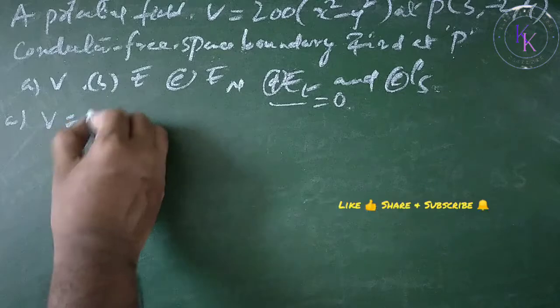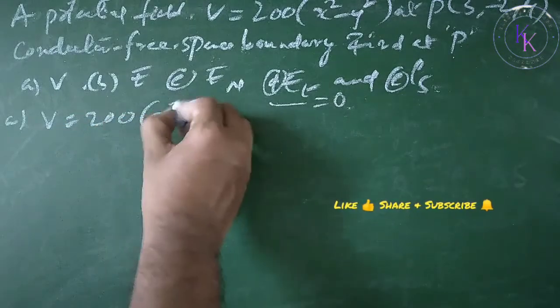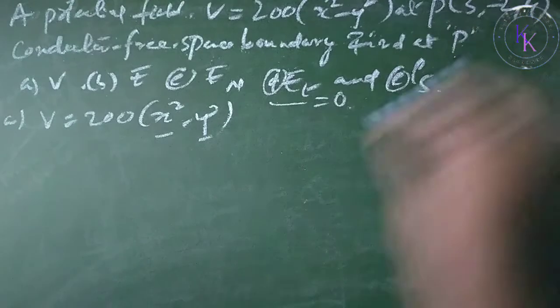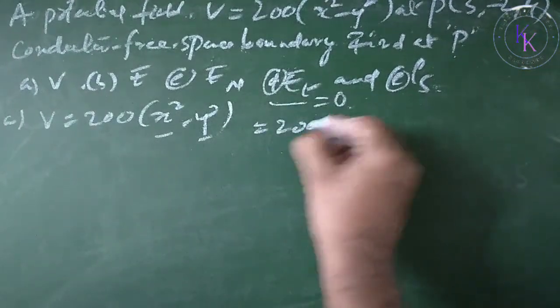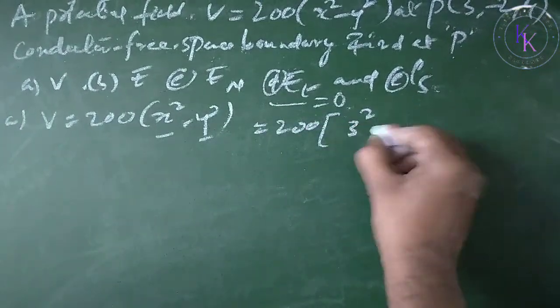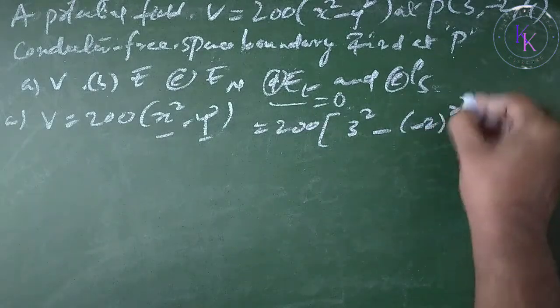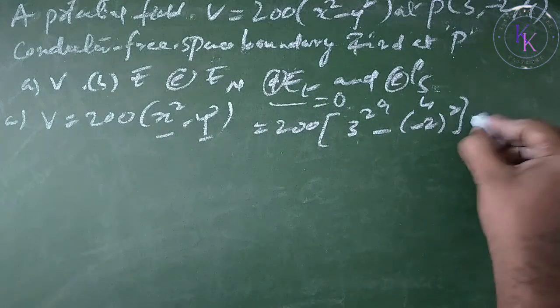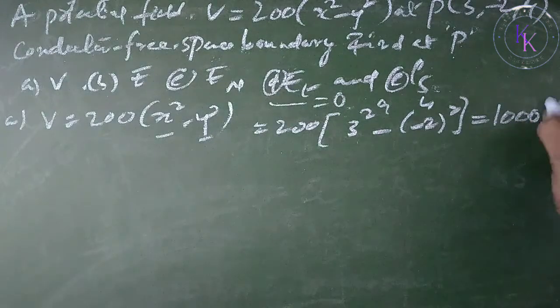V equals 200 times x square minus y square. Substitute the values of x and y from the point P. Then you get 200 times 3 square minus minus 2 whole square, which is 9 minus 4, that is 5. So 200 into 5 is 1,000 volts.